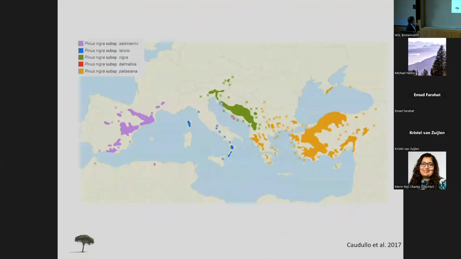Here I put for your reference the distribution of Pinus nigra in Europe. So different colors refer to different subspecies, but it's not of our interest, just to show you the gradient of how much this species is distributed.